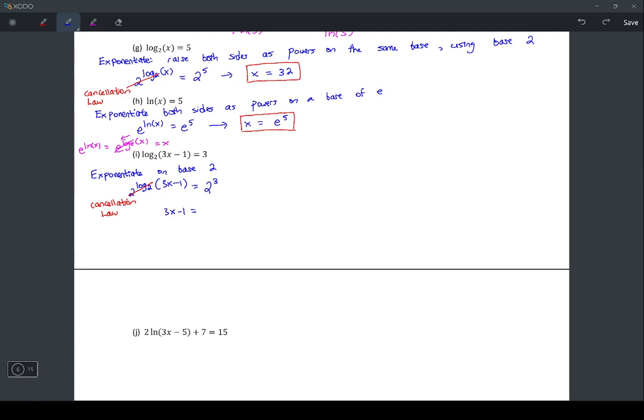On the right, we have 2 to the power of 3, which is not 6. It's 2 times 2 times 2, which is 8. I'm going to add 1 to both sides. So 3x is equal to 9. Then divide both sides by 3. So we get 3 as the answer.